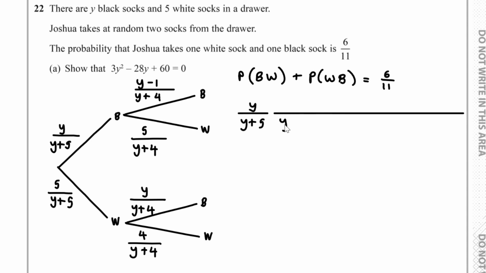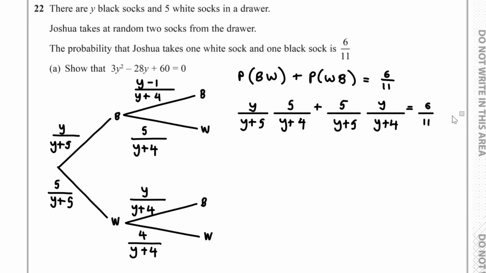Then we add on the probability that we pick a white, which will be 5 over y plus 5, and then we multiply this by, so we've picked a white, now we pick a black, so that will be y over y plus 4. And this is equal to 6 over 11.